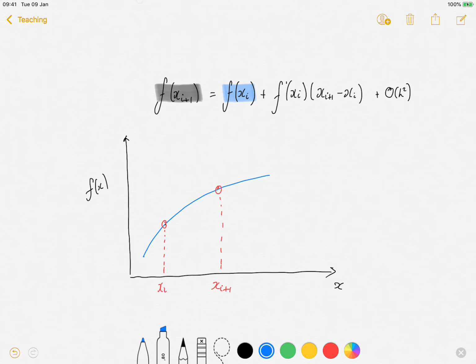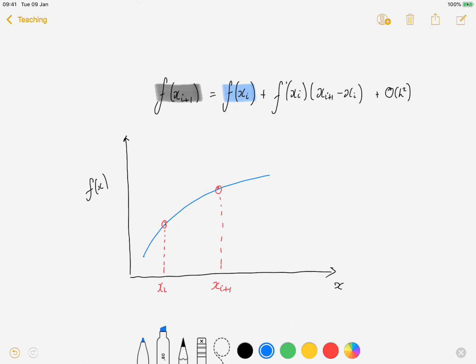This kind of makes sense if x of i plus 1 and xi are very, very close together. In other words, in a very small step size, it is likely that the function value at our next step is going to be the same as our current value.